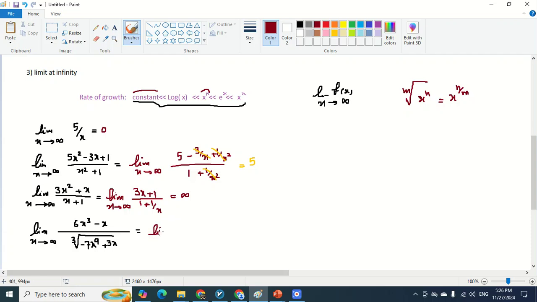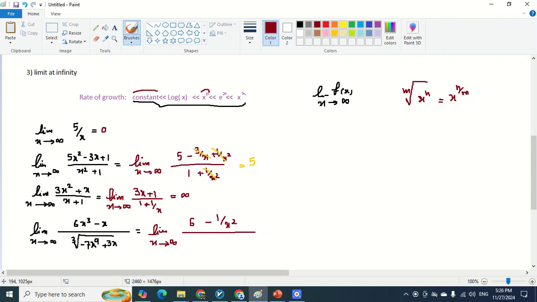We have the limit, let me just rewrite it over here, x tending to infinity, and let us divide everything by x cubed. If I divide everything by x cubed, 6x cubed over x cubed will be 6, and then we have minus 1 over x squared, which tends to 0 at the end of the day.